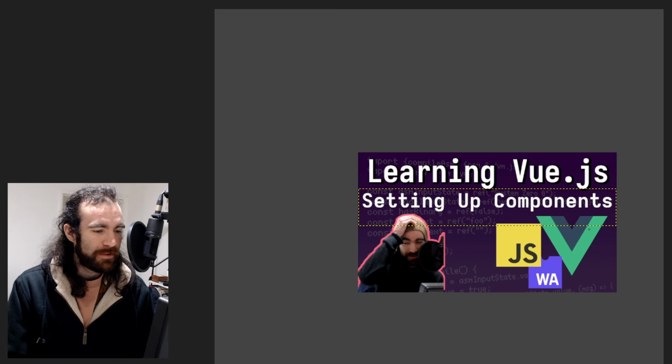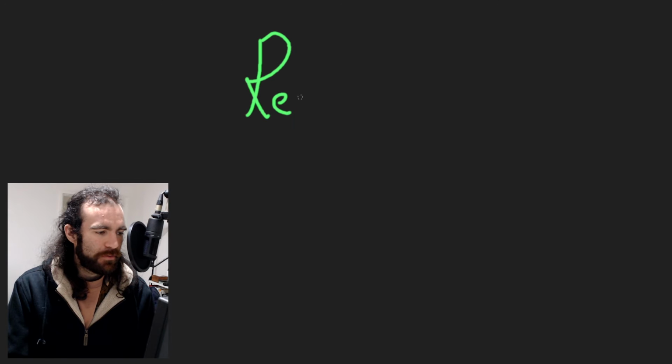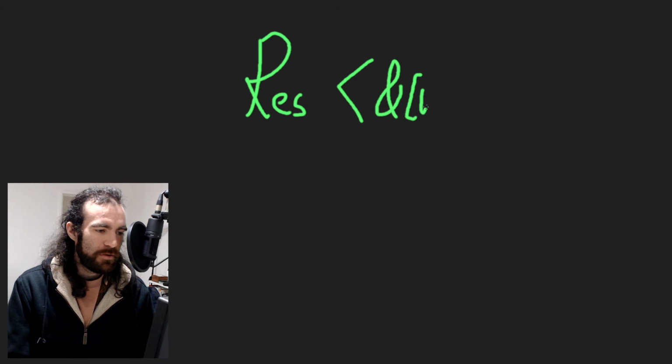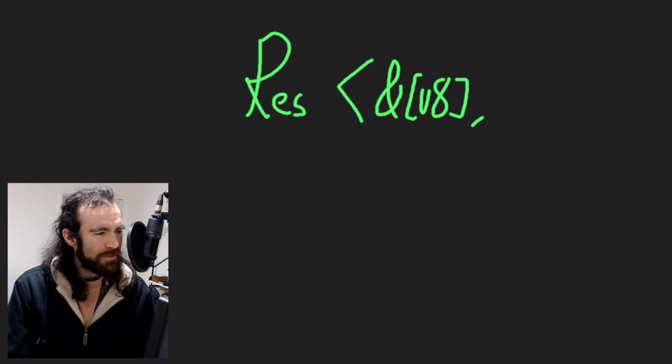So I have, let me get rid of this thumbnail real quick. Oops. That's distracting me. So I have a result, and that result is a slice of U8, and then whatever the hell that gives back.